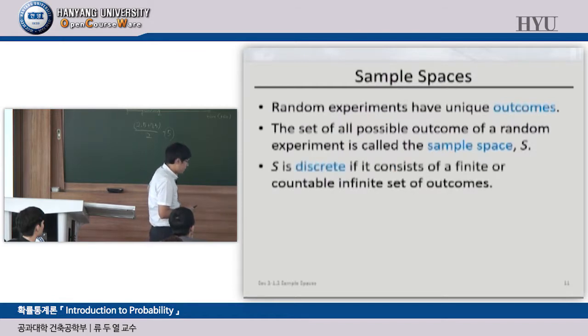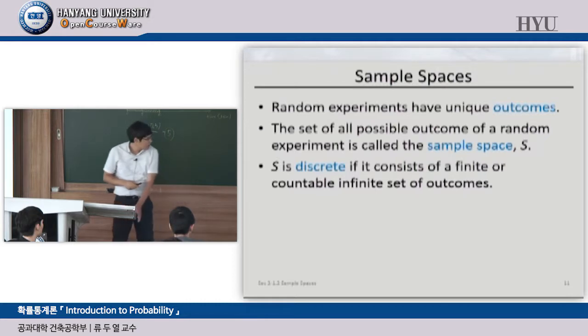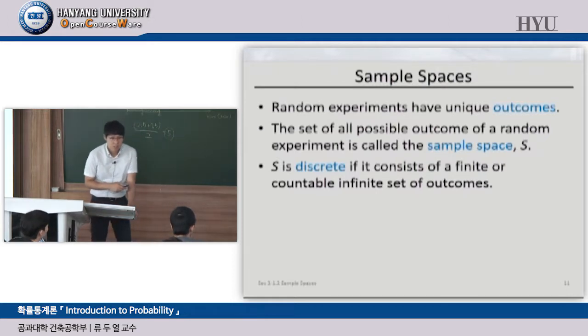And the sample space can be divided into two cases. The first one is the discrete case, and this case consists of a finite or countably infinite set of outcomes. So you can count the items included in this sample space. That is the definition of the discrete sample space.